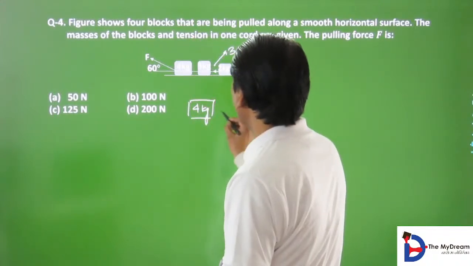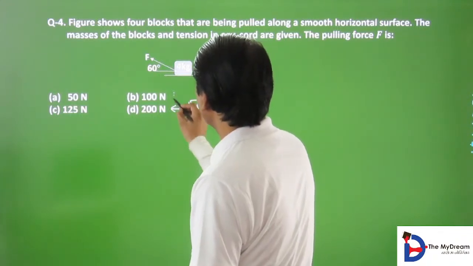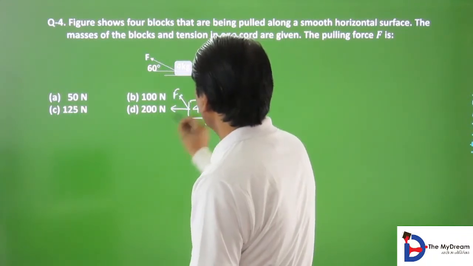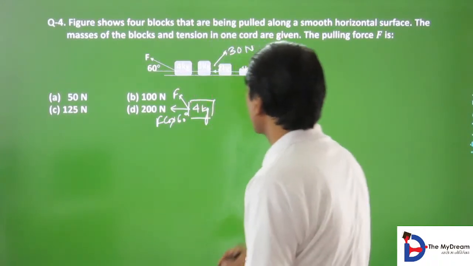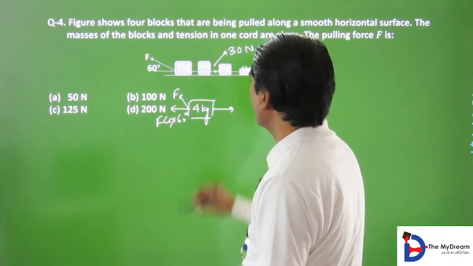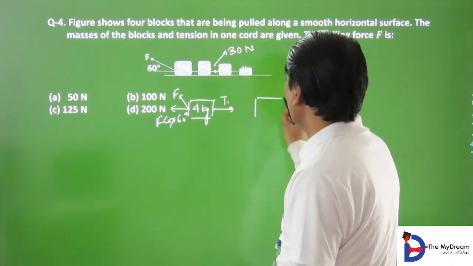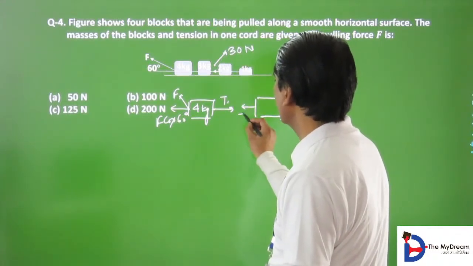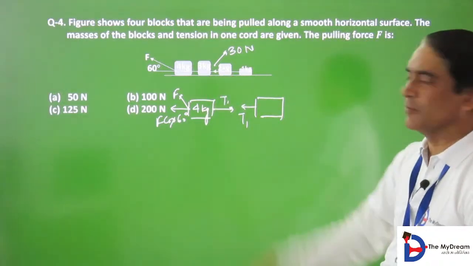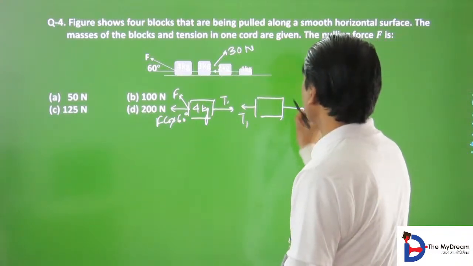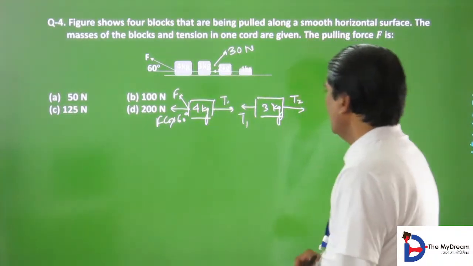We are making the free body diagram. So this is F, and this is F cos 60 degree. Suppose the force T1 acts on this. Between the 4 kg and 3 kg there is the contact force, that is T1. Here it is T2. This is the 3 kg block.